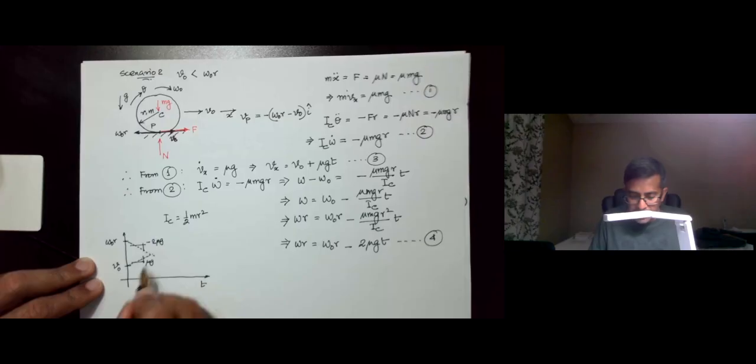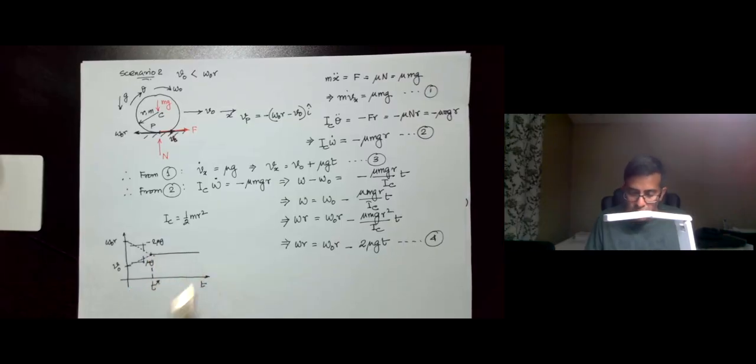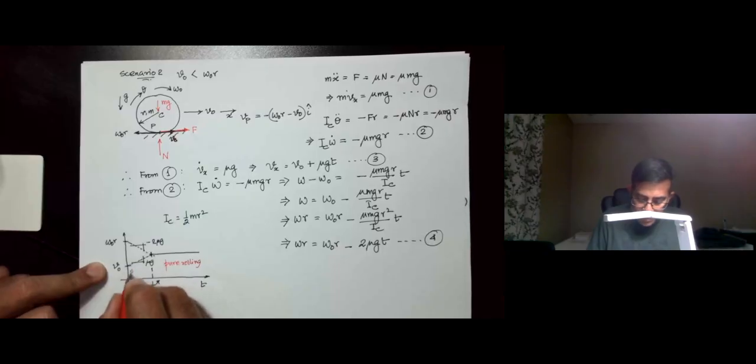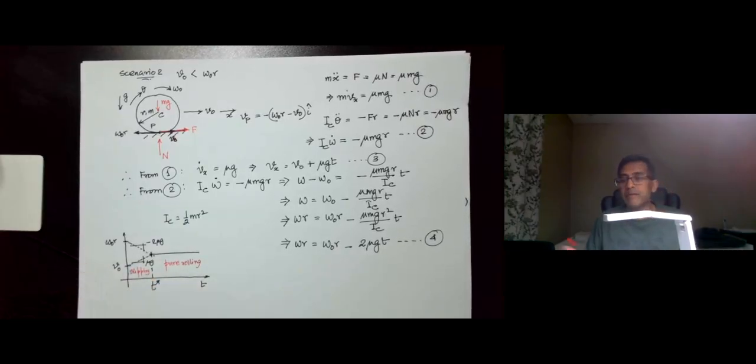And there is going to be a point where, let's call that t star, where the velocity will become equal to the angular velocity times r, and at that point we are going to have pure rolling. So essentially we will have pure rolling beyond this t star, and before t star we are going to have slipping.